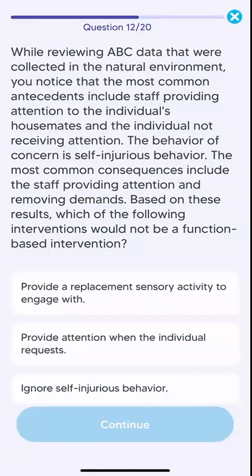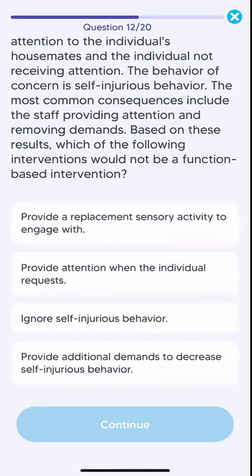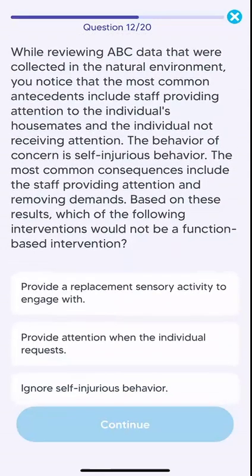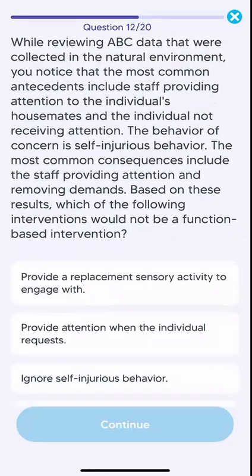Only three options? Let me read again from the beginning. While reviewing ABC data that were collected in the natural environment, you notice that the most common antecedent included staff providing attention to the individual's housemates, means nanny, and the individual not receiving attention.